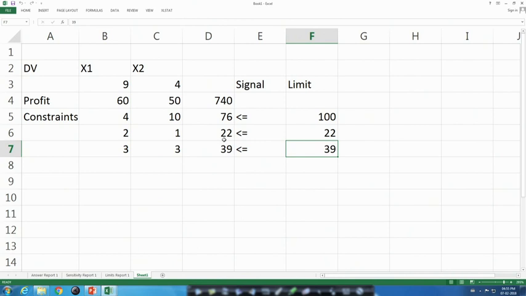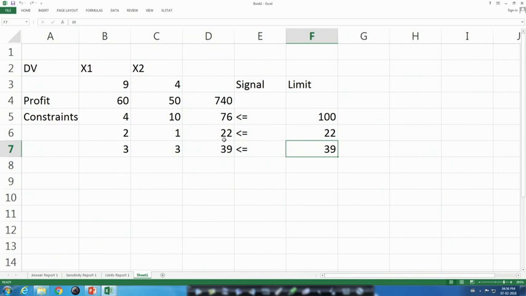Now in this situation we have already highlighted the particular requirement. On the basis of the solution, the maximum profit which we have reached here is 740, and that too with the value of x 1 as 9 and the value of x 2 as 4, and as a result the business firm reaches a profit of 740.